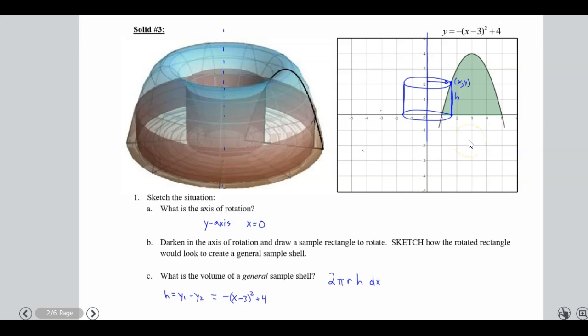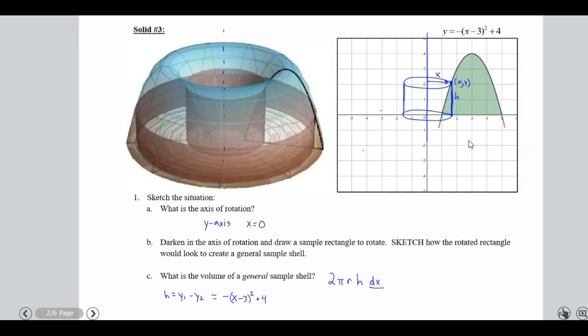I go over a distance x, I go up a distance y, and that's what I get. So this I could just call a distance x, right? I'm going from my y-axis over this point. That distance is x. From my x-axis up, it's a distance y, but we want things in terms of x because I'm using this dx.